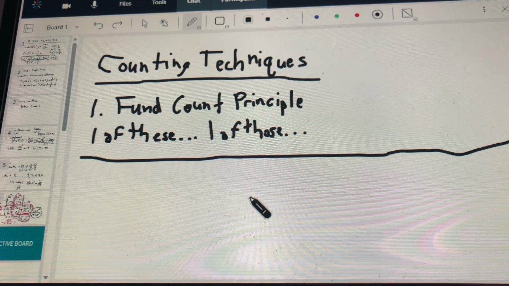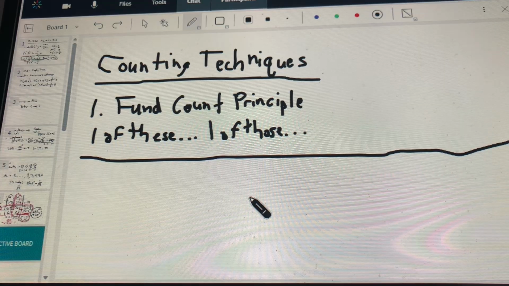The example they get is really easy. A kid's trying to get dressed in the morning, and he opens up the closet, and he has to pick 1 out of 5 shirts, and 1 out of 6 pairs of pants, and 1 out of 4 hats, and 1 out of 3 pairs of shoes, and how many ways can he get dressed? It's a very easy problem because all you do is take all the possibilities and multiply them together.